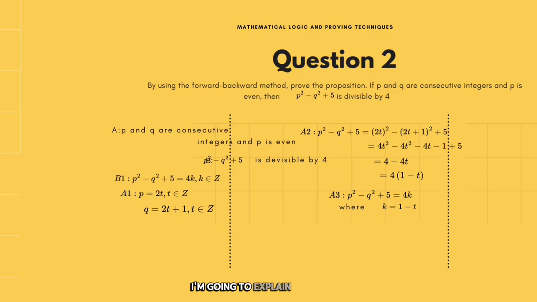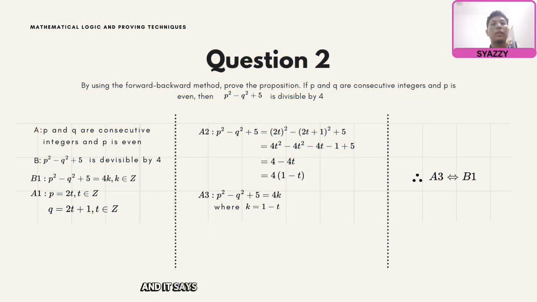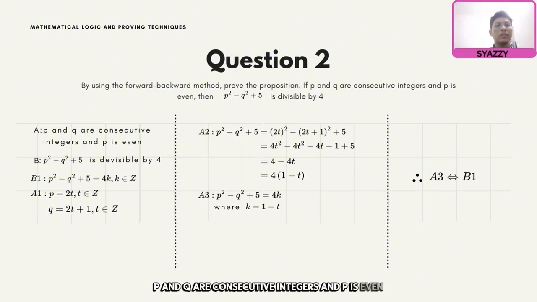I'm going to explain question 2, and it says, by using the forward backward method, prove the proposition. If p and q are consecutive integers and p is even, then p squared minus q squared plus 5 is divisible by 4. From the question, we can get A: p and q are consecutive integers and p is even.